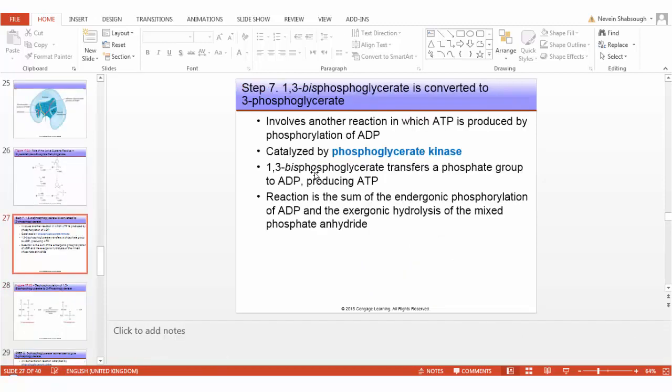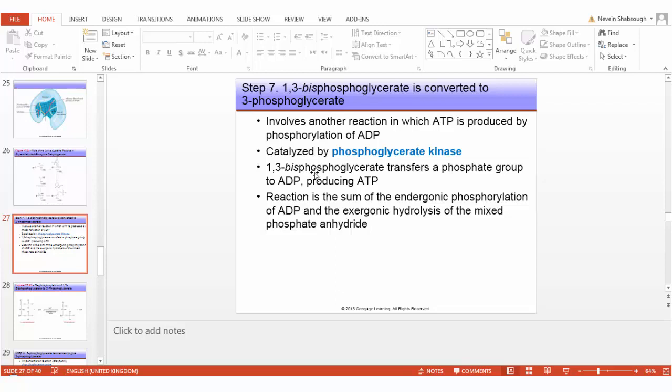Now, the coming reaction, step number 7, is one of two reactions in which ATP is produced by phosphorylation.